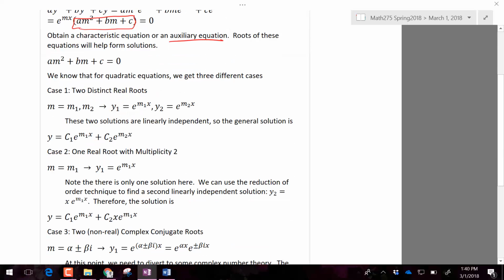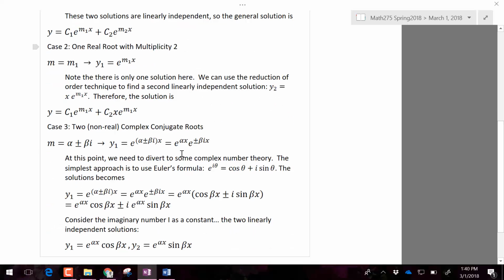So now that you have this quadratic equation, we can explore the three different cases. First case is that we have two distinct real roots, we'll call them m1 and m2, and then your solutions are just e to the m1x and e to the m2x, and then you're done. Next case, you have one real root.